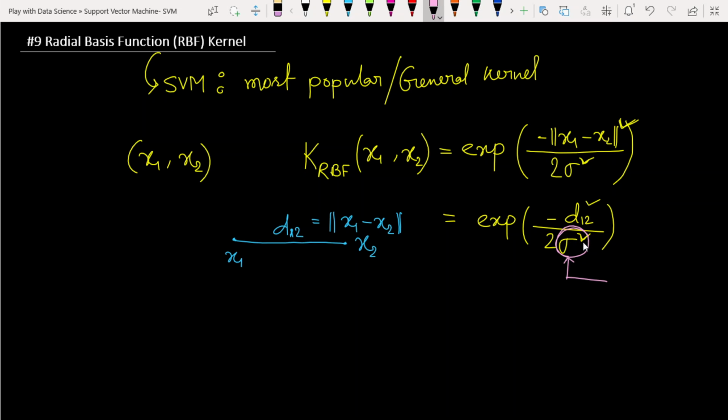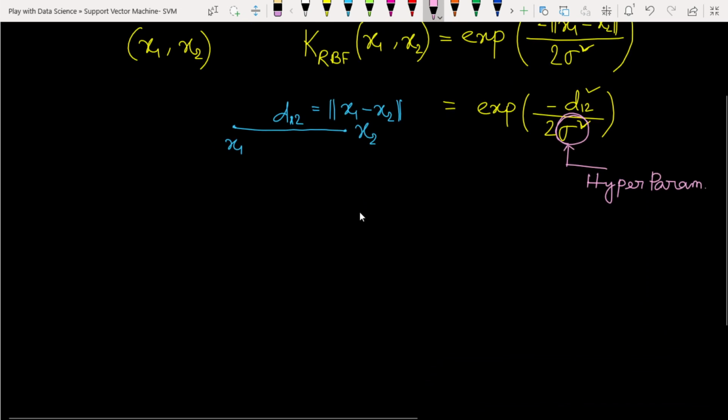We saw such two hyperparameters in elastic nets, where we use the L1 regularizer as well as the L2 regularizer. A similar thing happens here. This sigma is called the hyperparameter in the RBF kernel.